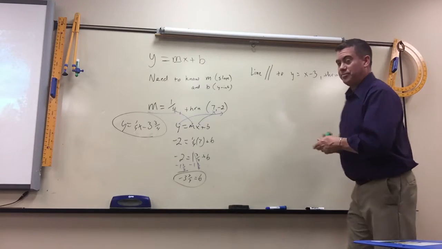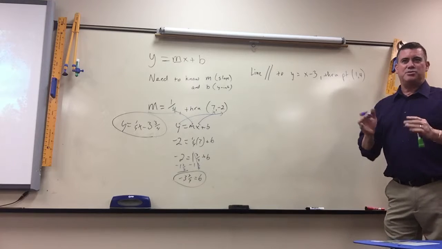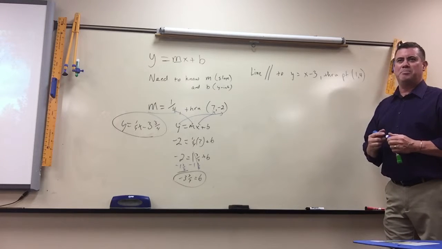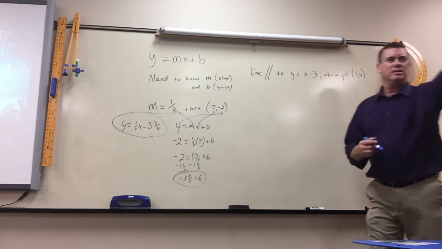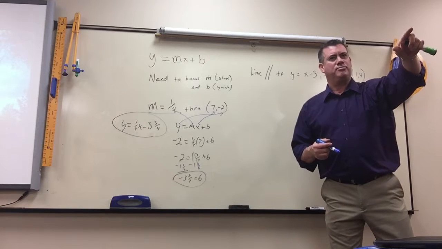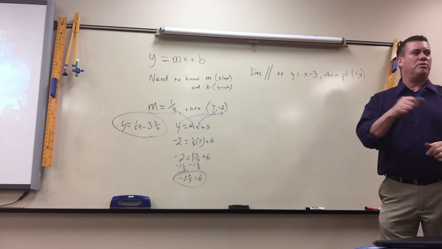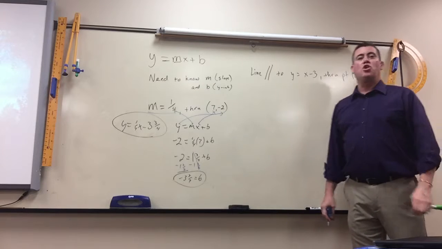Okay? Now, this is what you got to make the connection. What do you know about parallel lines? What are the same? Slopes are the same. Just like that assignment from yesterday. The slopes are the same.